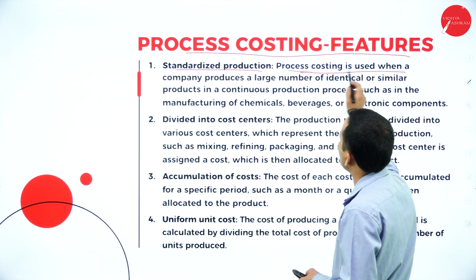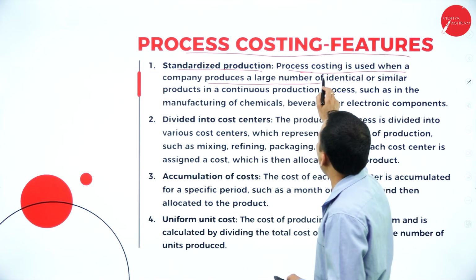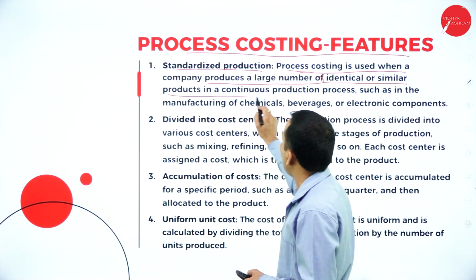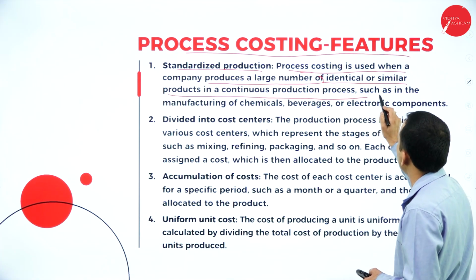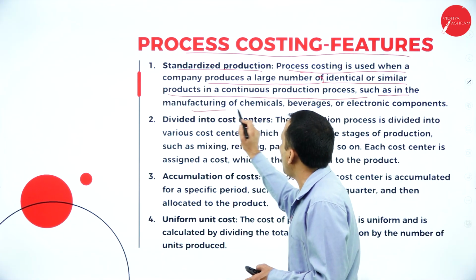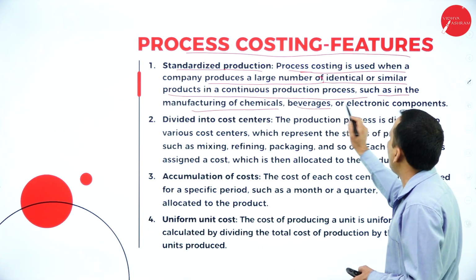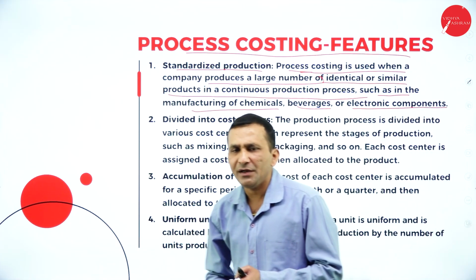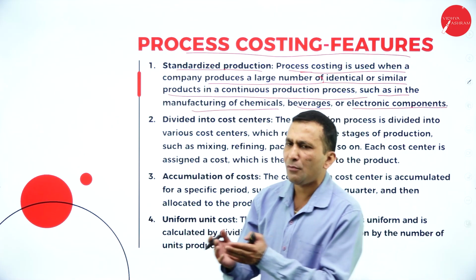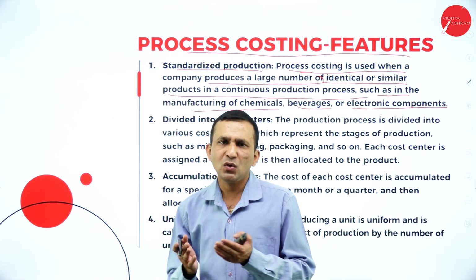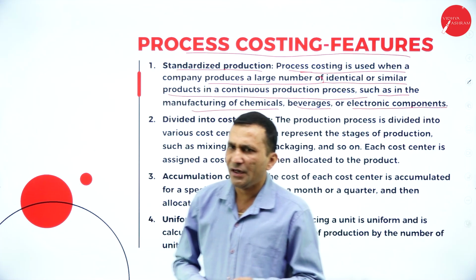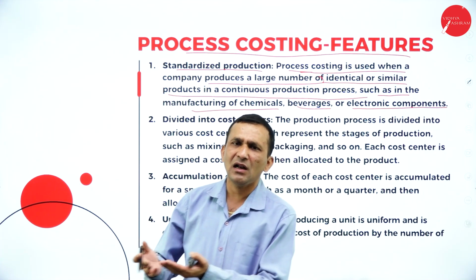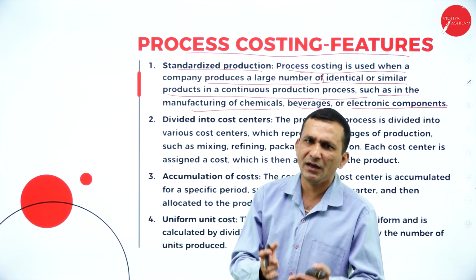Process costing is used when the company produces a large number of identical or similar products in a continuous production process, such as in the manufacturing of chemicals, beverages and electronic components, printing. There are a number of processes involved, right? If you take the example of a beverage: grinding, and next filling, packaging. There are a lot of processes going for the final product.